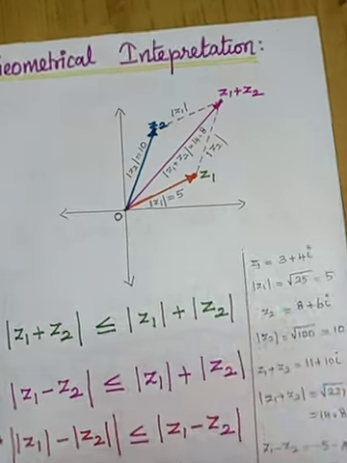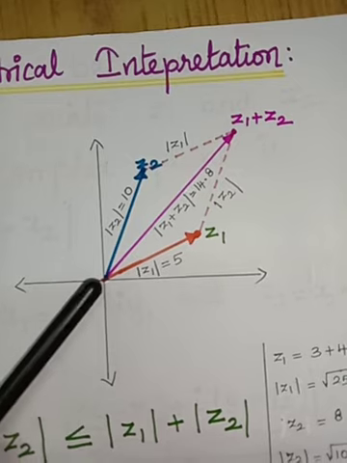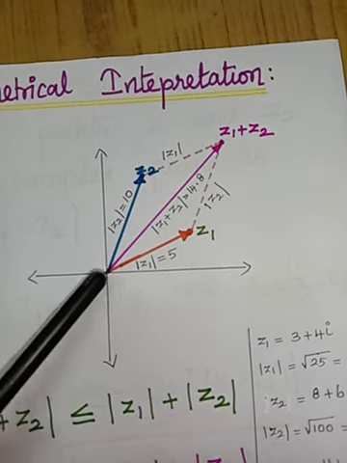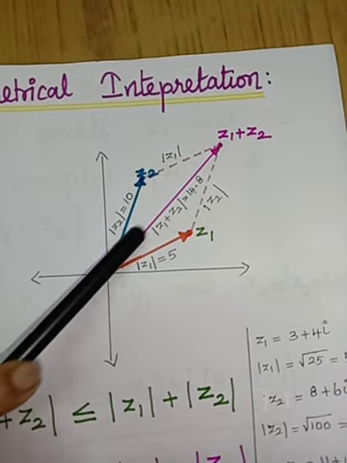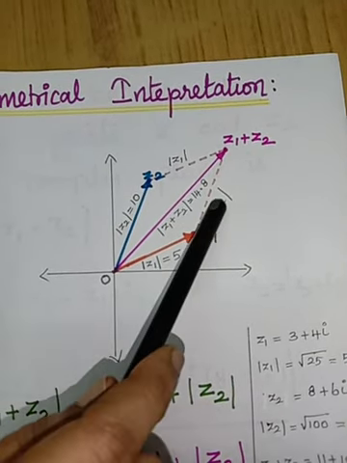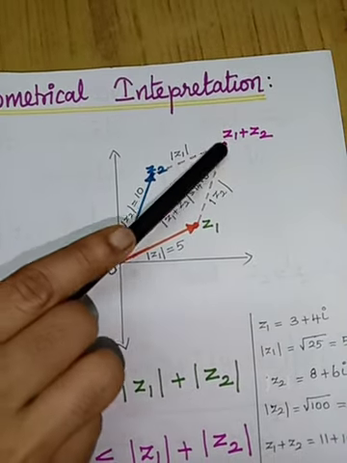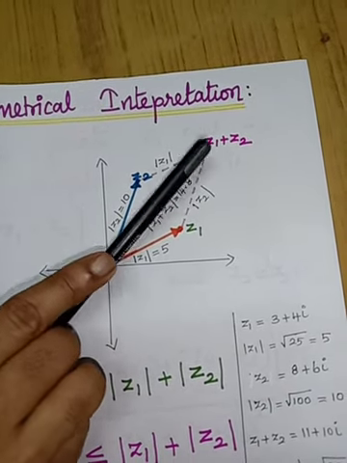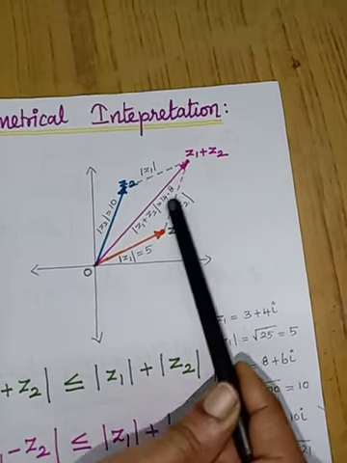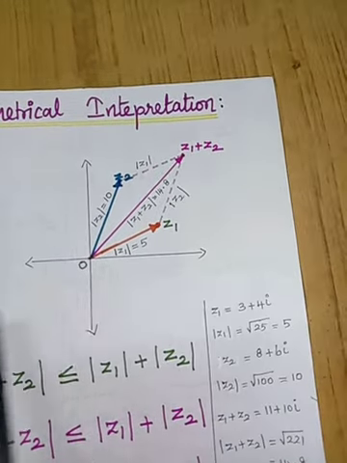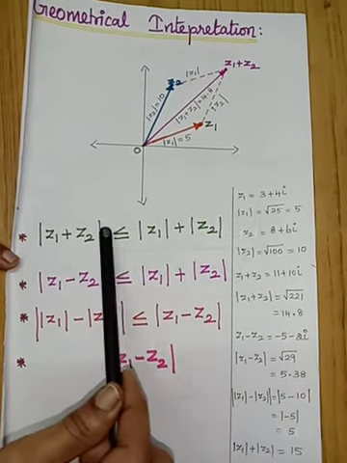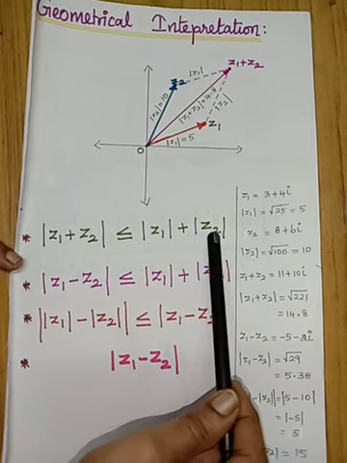If you consider this triangle, in geometry you have the property: the length of this side cannot be greater than the sum of the lengths of the other two sides of the triangle. So in the triangle inequality I have written the same thing: modulus of z1 plus z2 is less than or equal to modulus of z1 plus modulus of z2.